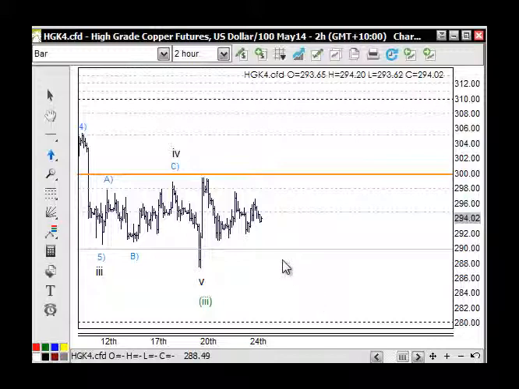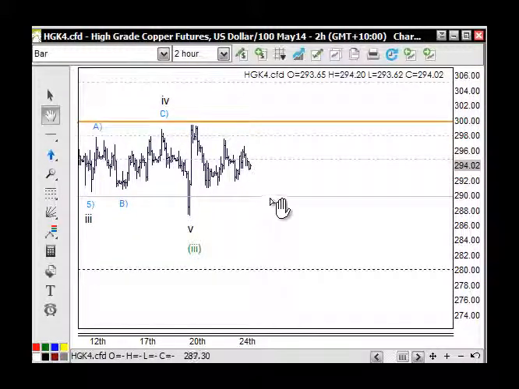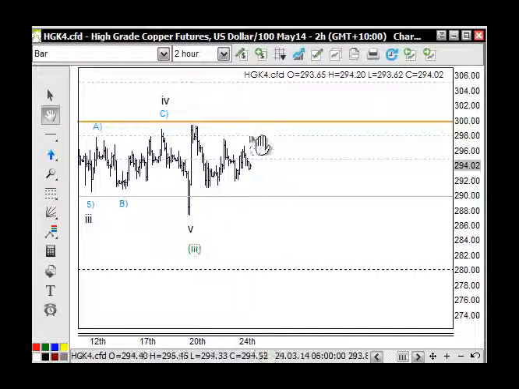I guess we can start to look to short any of these new lows here, this one here or this one here. Any sort of weakness that you see, this can still move up through to here, don't get me wrong. I did mention in the text section that we could use the daily robo basically, but what we'd be looking for is trading from 290 down to 280 and covering at that point there, because we'd be looking at green wave 4 here completing, and then green wave 5 to come down into the 280 area through here.